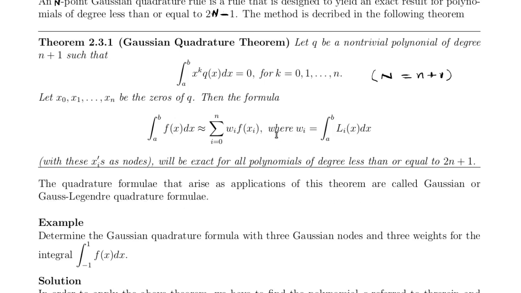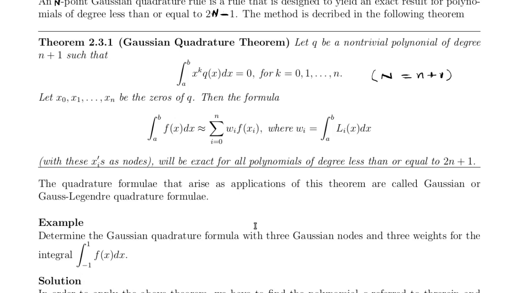So in order to exemplify, to understand the theorem, we need to apply it to a particular example. For that, we use a 3-point Gaussian rule or quadrature formula, and we will use the interval -1, 1 to perform this computation.